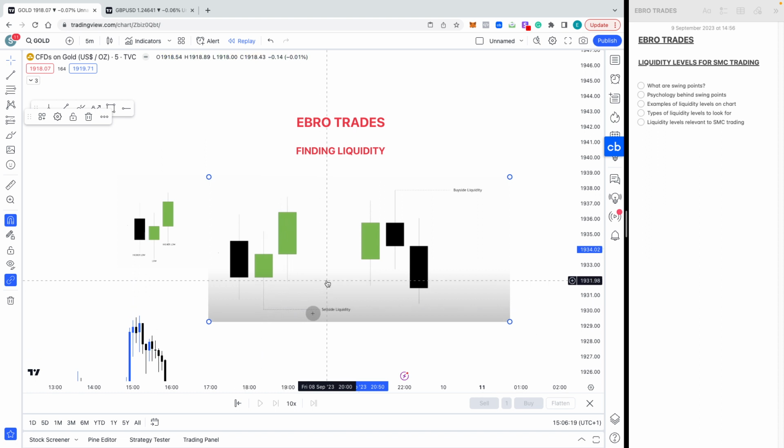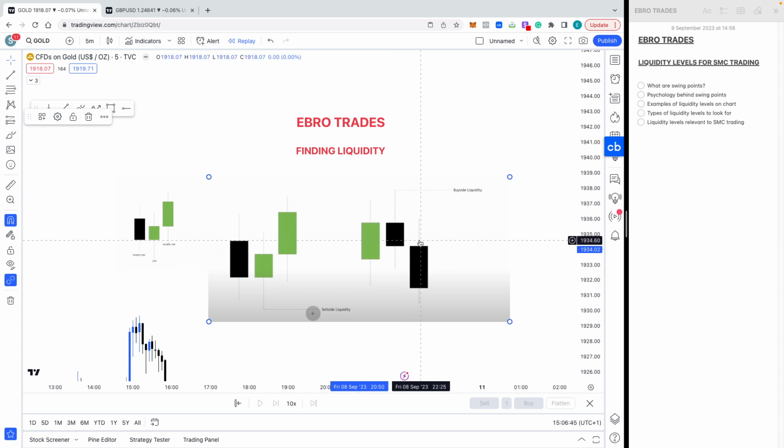Now, the opposite goes for buy side liquidity. If we were to go short here, seeing these two bearish candles, our stop loss would be placed in line with the swing high, because essentially, if price exceeds this high, our bearish market trend is invalidated.